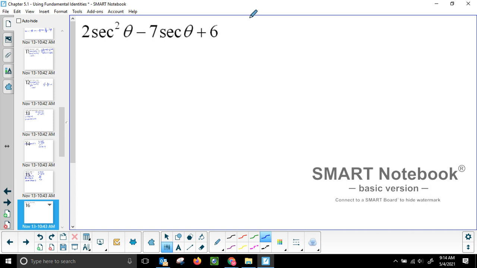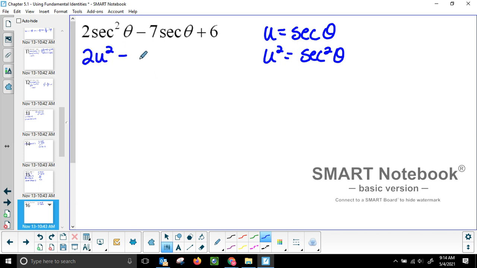All right, so we do the same thing here. We say, well, u can be secant of theta, so u squared will be secant squared theta. So this becomes 2u squared minus 7u plus 6. Again, I'm going to do my trash can method here. 2 times 6 is 12, and negative 7.